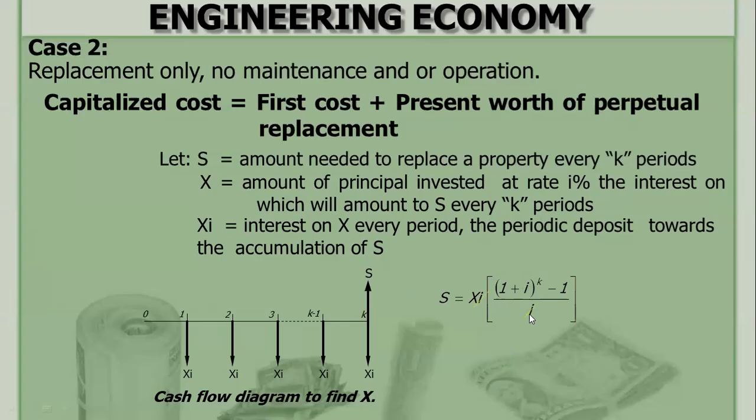And the I cancels. And to solve for X, X is simply S over (1 plus I) raised to K minus 1. So whatever amount you need for replacement, use this formula to determine the amount you need to invest in order to raise this amount after K periods, for replacement.